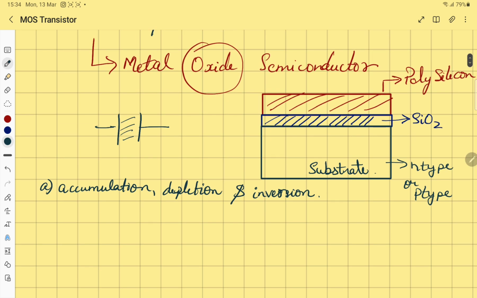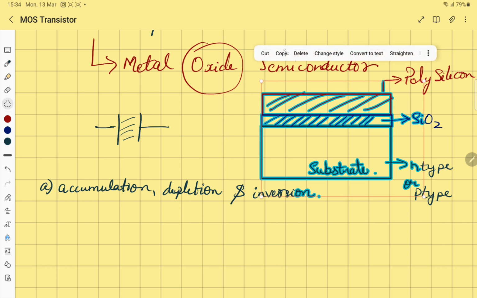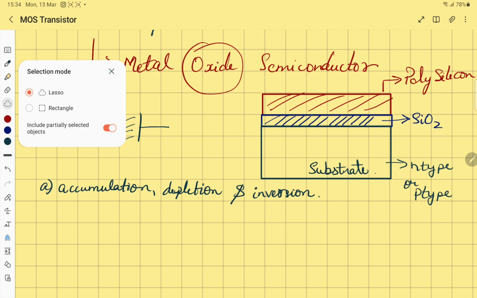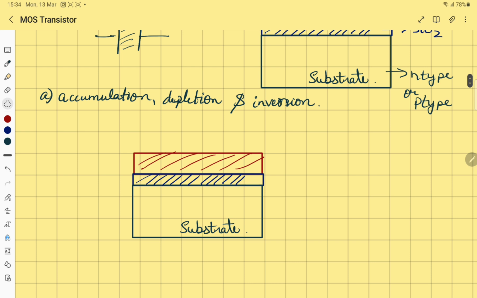So let's do one thing, just copy this whole thing and paste it over here. Right. So if we connect the metal layer with a battery, and we apply a negative voltage, what will happen is, suppose this substrate is of P type.